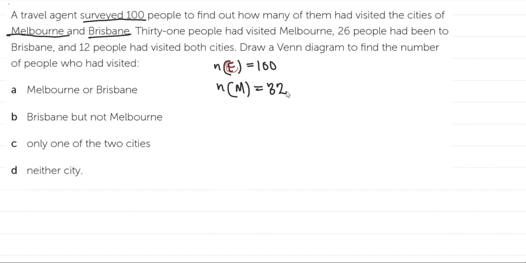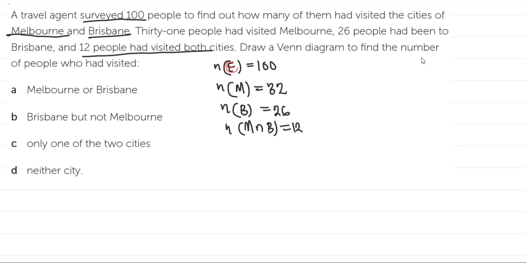Then the number of people who have visited Brisbane: 26 people had been to Brisbane. Then 12 people had visited both cities, that means Melbourne and Brisbane. So we're told 12 persons.